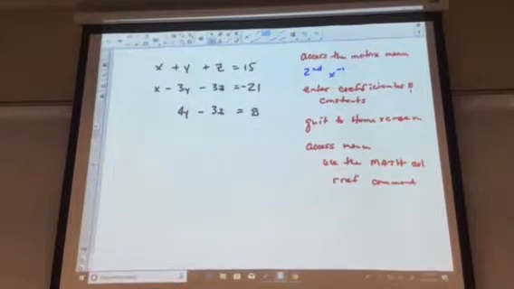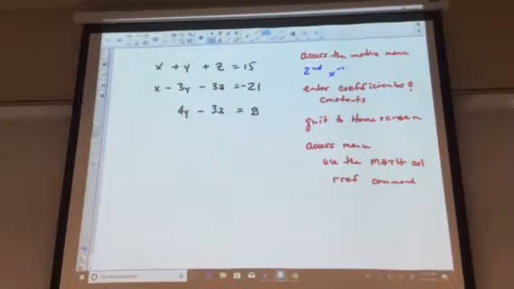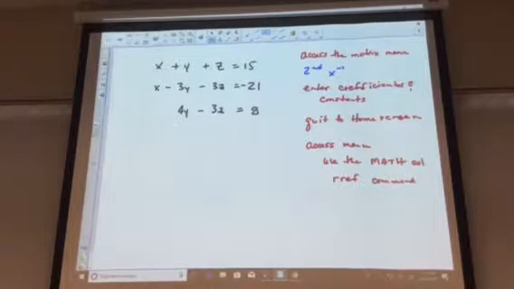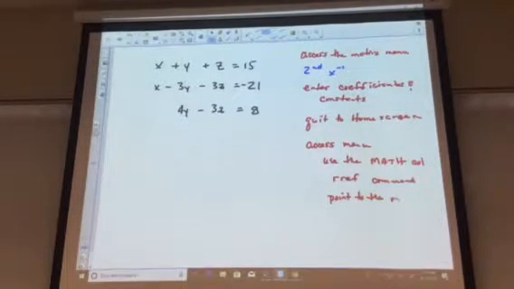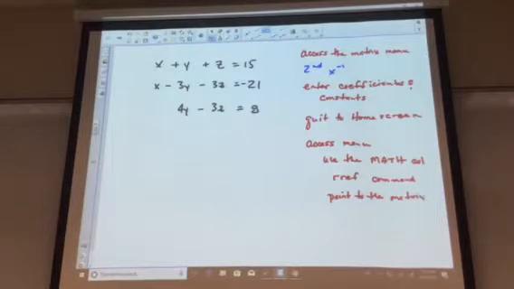In the vast majority of the problems, that's the way we'll do it, except for the one problem that they give us on the test that says we have to do it by hand. Okay? So after that, we access the reduced row echelon command, and we point it to the matrix that we're using.